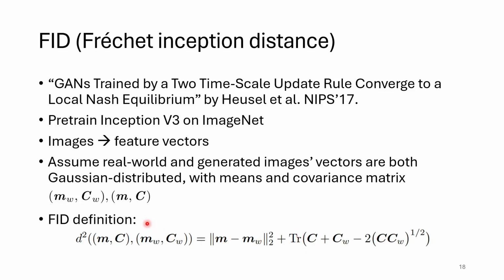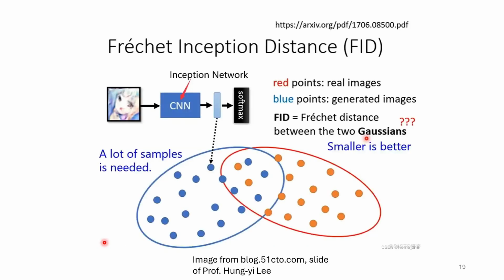So suppose there are two Gaussians with means m_w and m, and their covariance matrices C_w and C. This is the FID definition.